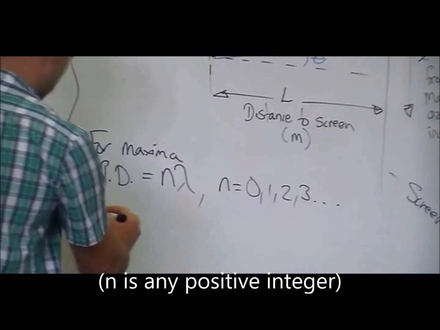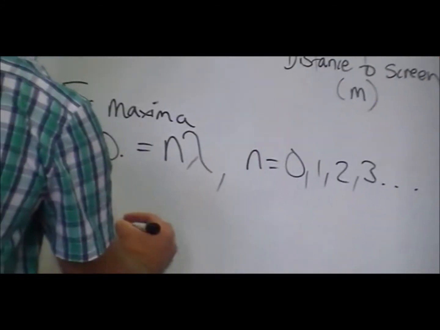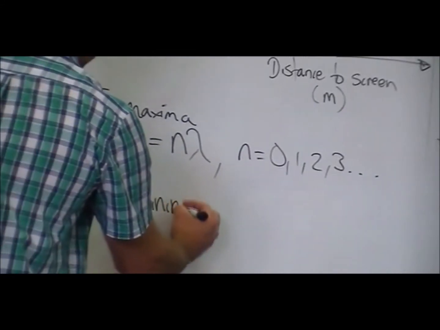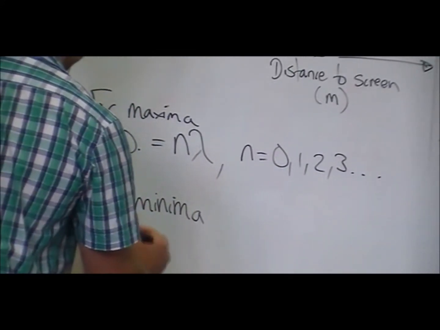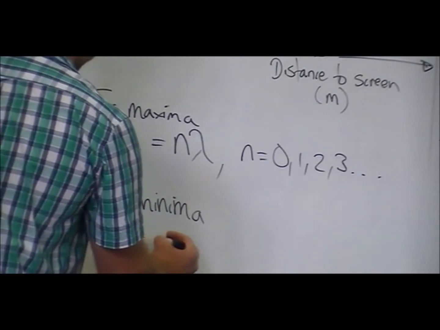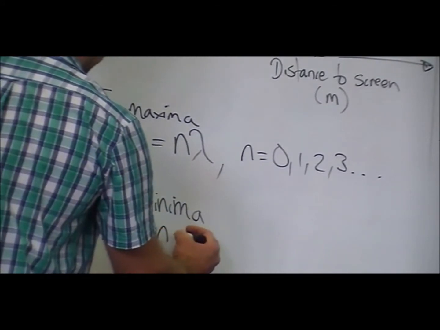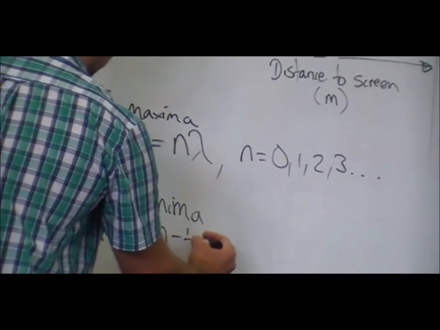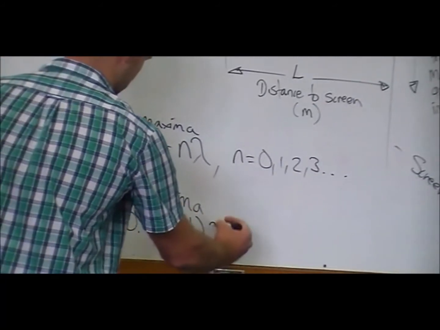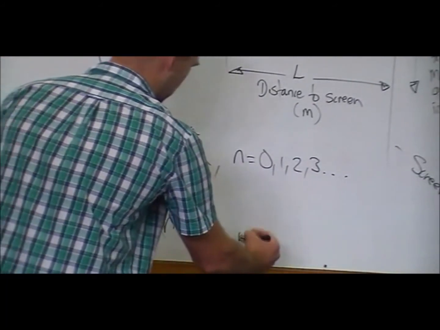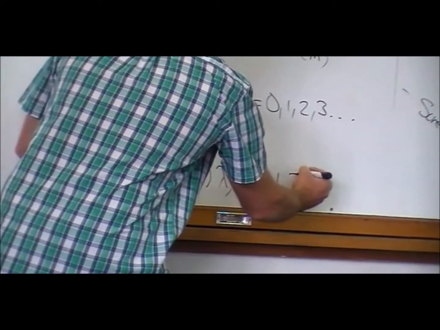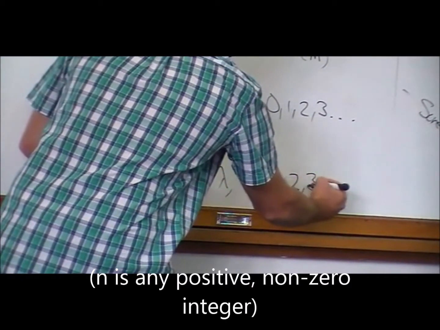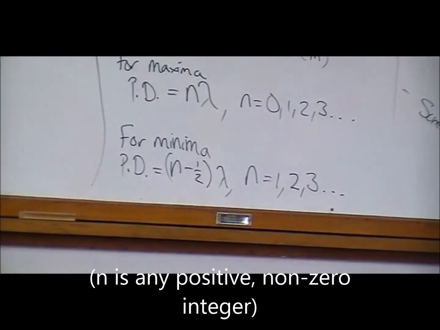And for a minima, isn't it n times lambda minus a half? Was it the other way around? n minus half, times lambda, where n can't be 0, but it can be 1 or 2 or 3 or any of those numbers.